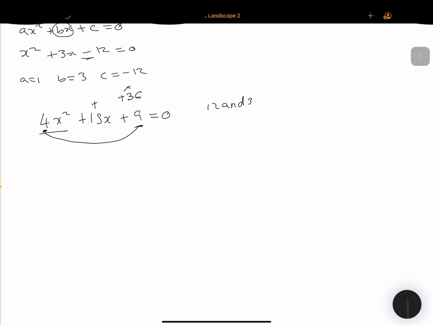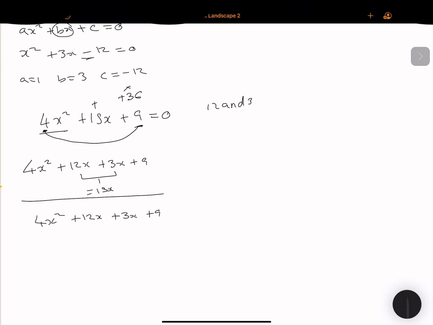So what I'm going to do here is write out this equation, but where it's plus 12x and plus 3x plus 9. You see how this still equals 15x. We're just splitting it up to help us factorise it. So let's write that out again: plus 12x plus 3x plus 9.